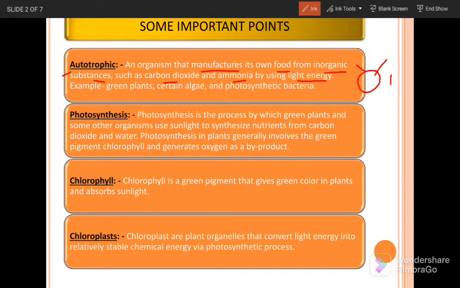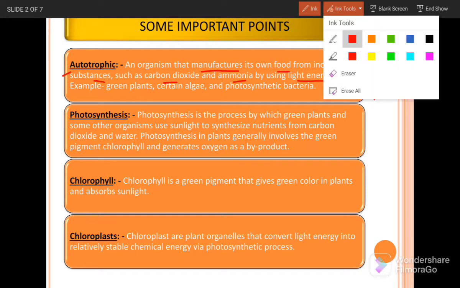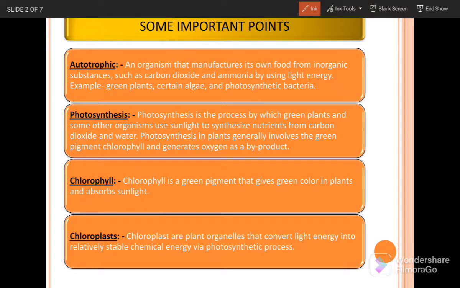The main source of light energy is the sun. Examples are green plants, certain algae, and photosynthetic bacteria.